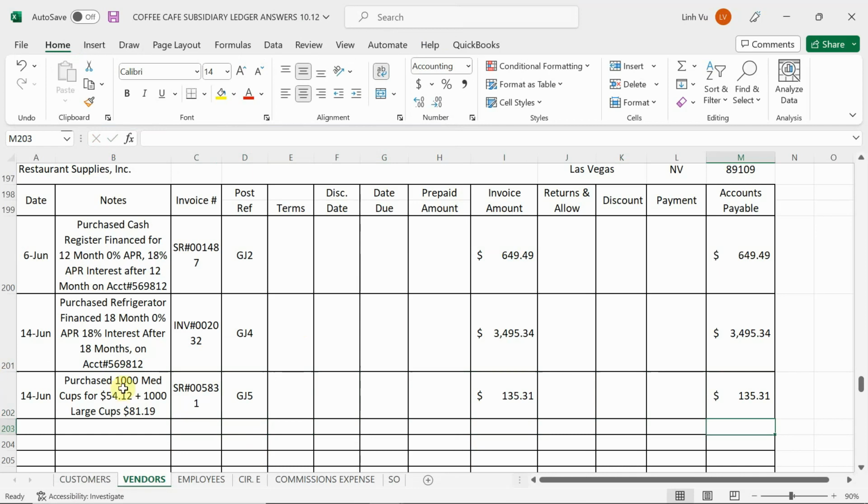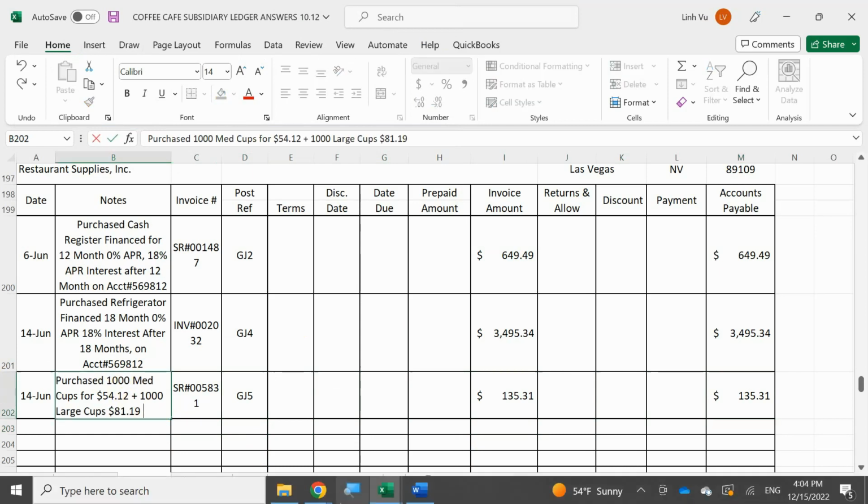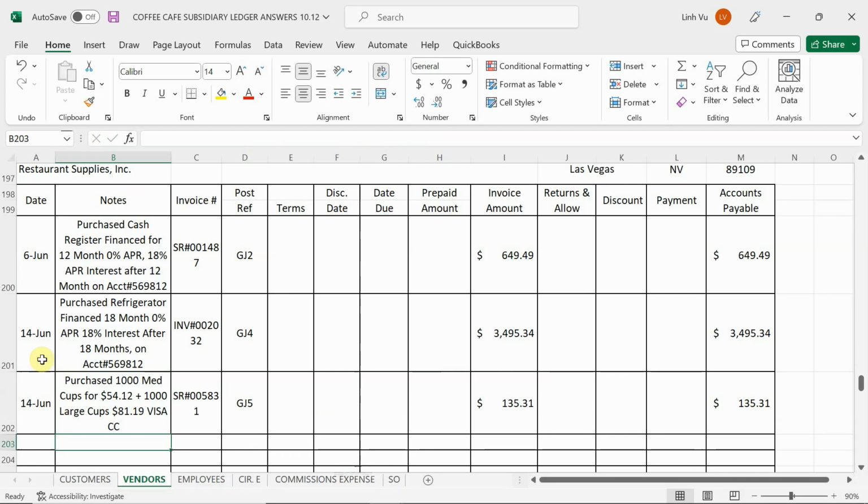So that's something I want to make a note here. You used your Visa credit card. Okay. Important that you note that you used your Visa credit card, because if you do ever have to refund or return the product, you know you used your Visa credit card to pay for it. So that money is going to go back to your Visa credit card, right?